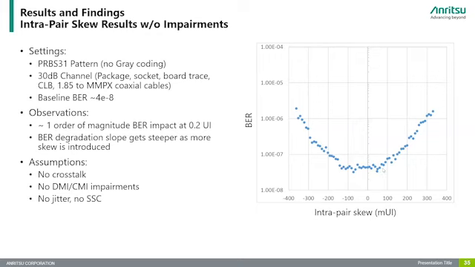But when you give plus minus 200 milli, you start seeing degradation of the BER. And then at 300, you get about 1 decade of degradation of the BER. So 300 is maybe the maximum you can have on your trace. In this case, there is no crosstalk, no DMI, CMI, no jitter, no SSC.